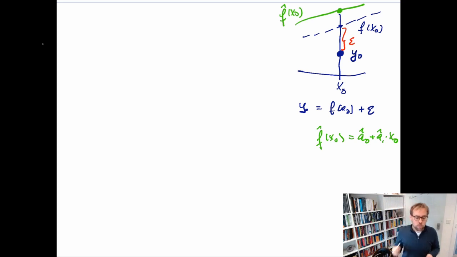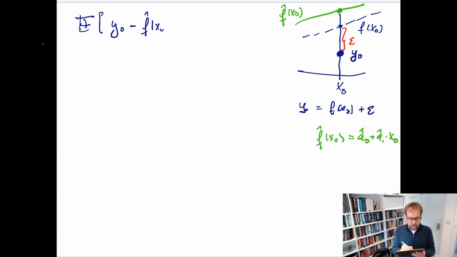Now when we want to calculate the error, we want to compute the expectation value of the difference y0 minus f hat of x0, squared. So let's check what we are calculating here. We want to see how different our predicted point is from the actual point.